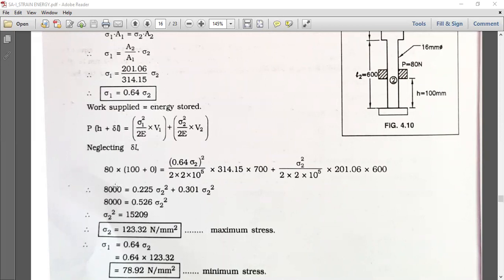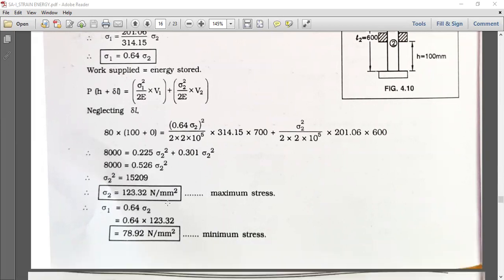Put together, we can get sigma 2 is equal to 123.32 Newton per square mm, which is the maximum stress.